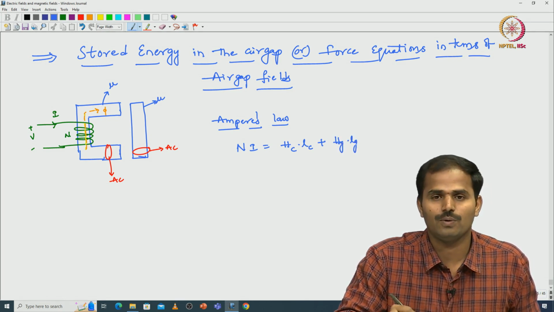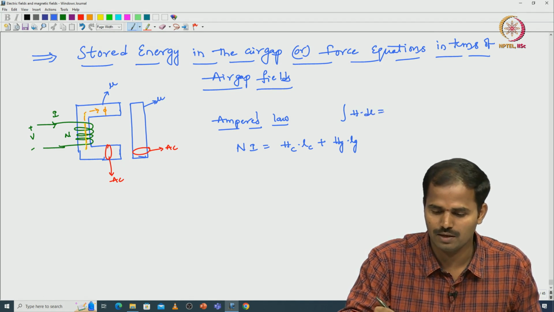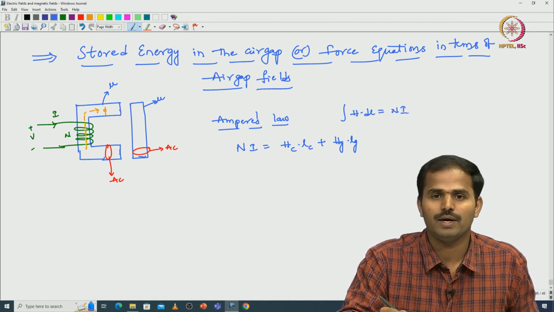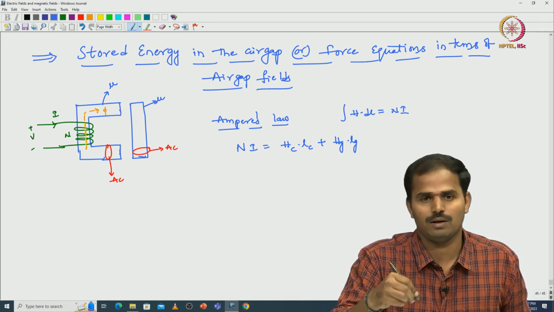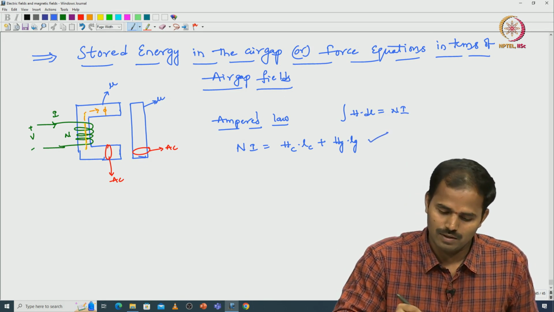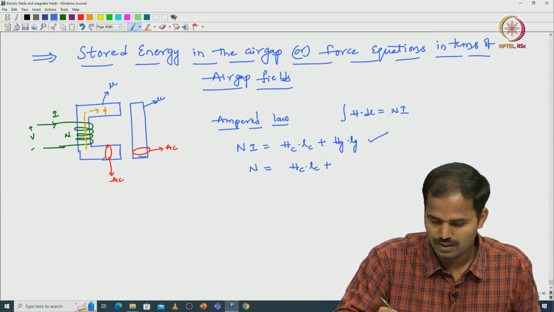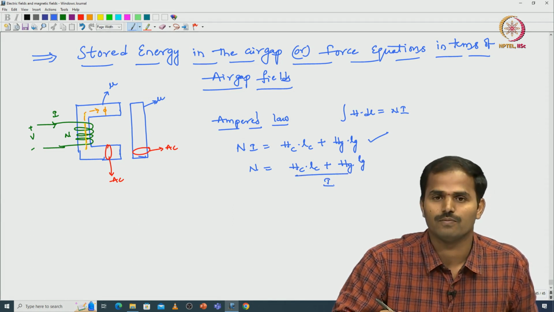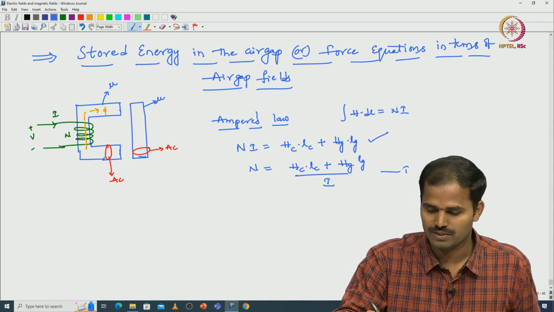How did we arrive at this equation in the last lectures? MMF is equal to the integral of H dot dl. If we apply the integral over the magnetic loop, we end up with this equation. From here, number of turns N equals Hc Lc plus Hg Lg divided by I, total MMF divided by current. This is equation 1.